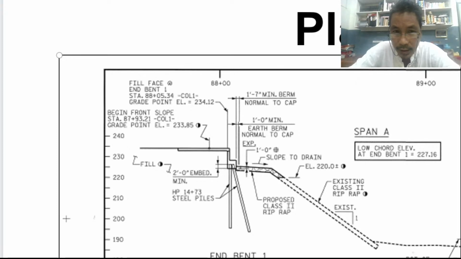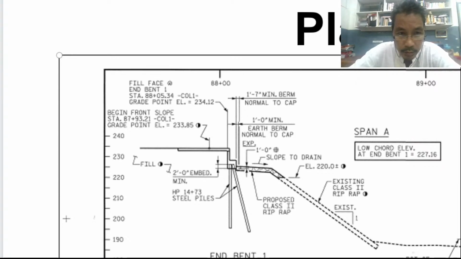That is a what? Station. Okay, a particular point, measured with its what? Elevation. Elevation is how much in that specific point. So that is 234.12.